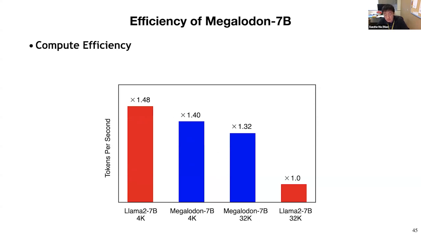But if we scale up the context length to 32,000, we see that Megalodon is around 32% faster than the transformer architecture in Llama 2. And for a fair comparison, for all the transformer architectures, we use version 2 of flash attention to accelerate the speed.